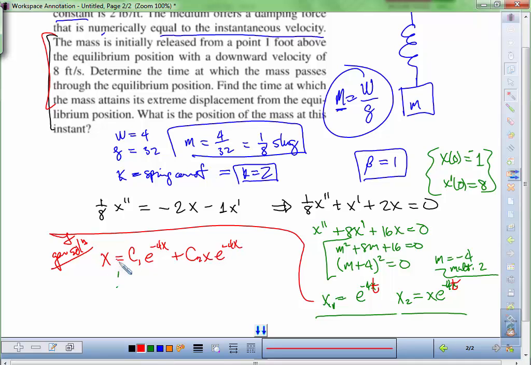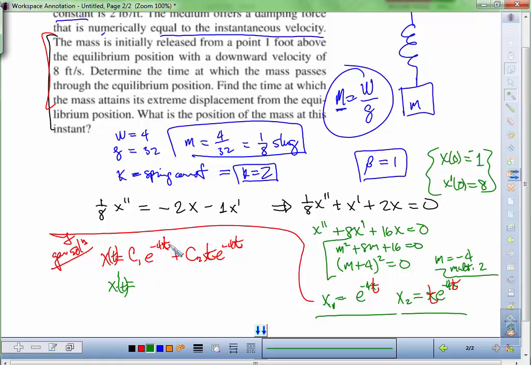So x of t. x is a function of t, maybe we should write that explicitly. My variable's t. Instead of x's, I'll use t, and instead of y's, I'll use x, which is what they use. I should have just stuck with y and x, huh?